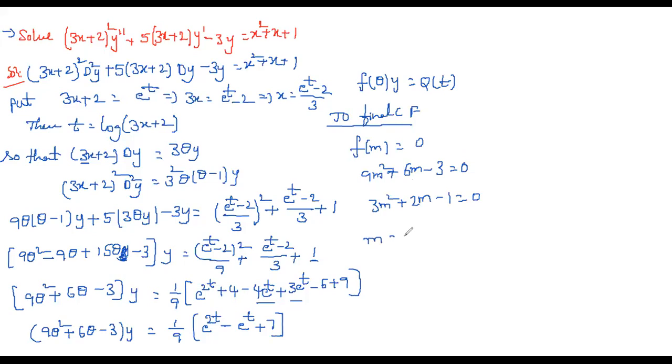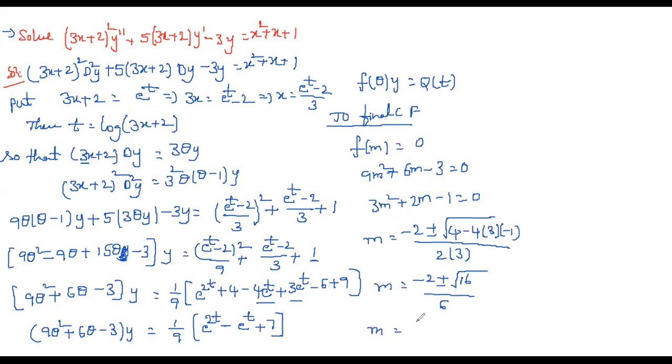And you find the roots, m is equal to minus b plus or minus square root of b square minus 4ac by 2a. a is nothing but 3 and c is nothing but minus 1. So simply we'll get minus 2 plus or minus square root of 4 plus 12, that is 16, by 6.